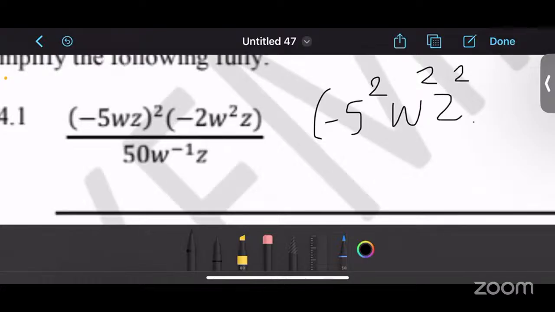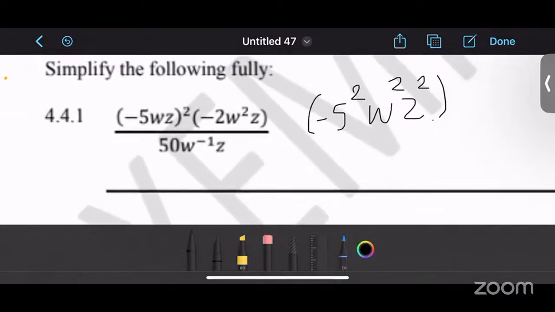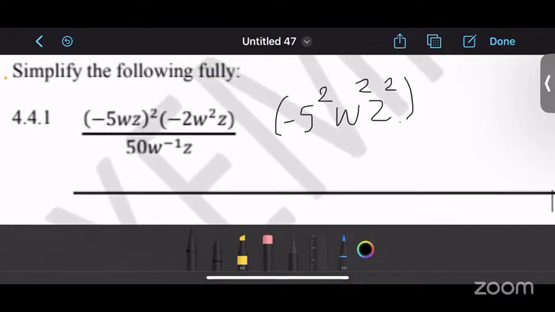Mm-hmm. Then I get 25. Oh, -25. Then W squared, then Z squared. And then I rewrite the -2W to the power of 2 Z, ma'am.